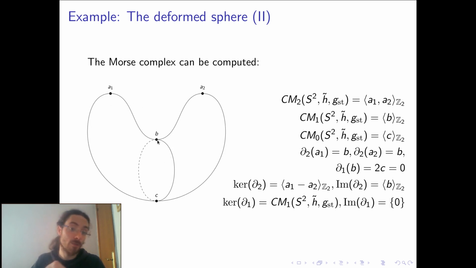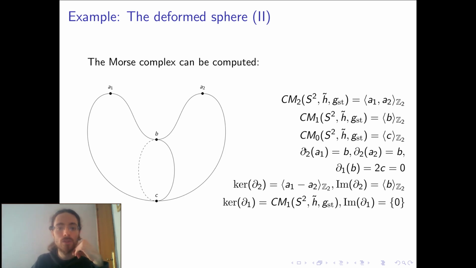And the stable manifold of B is the whole line that connects A1 towards A2. All these trajectories here. So if you compute the intersection between A1 and B, you will find that it is this line without including the critical points. And if you take the quotient, it's just 1 point. It's just a single point.